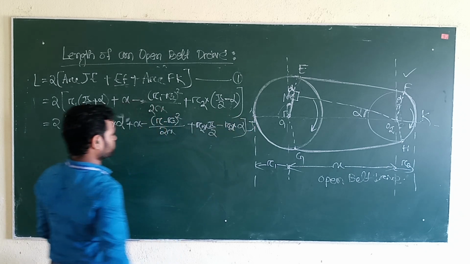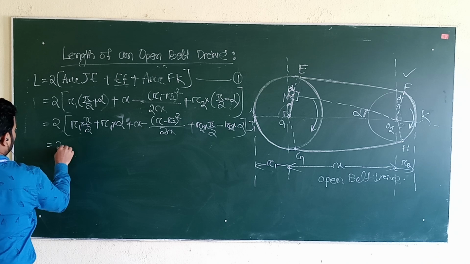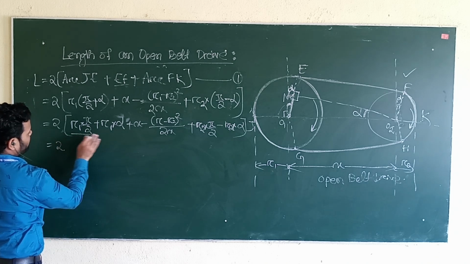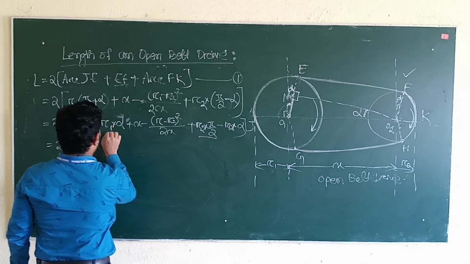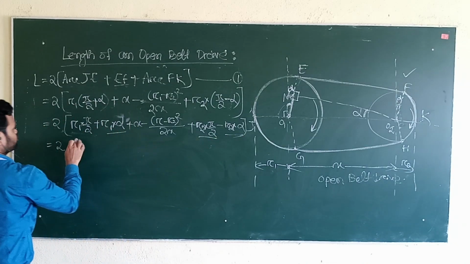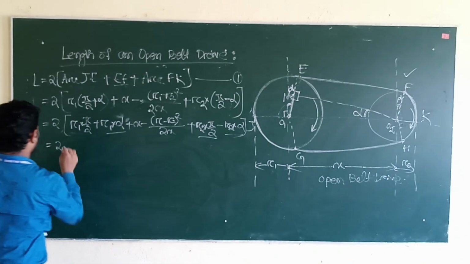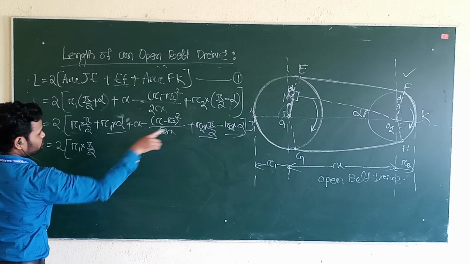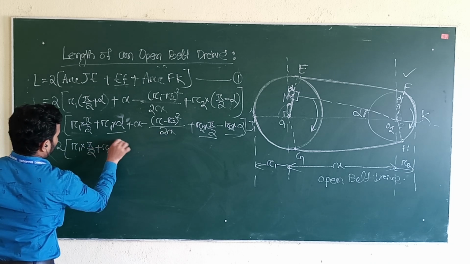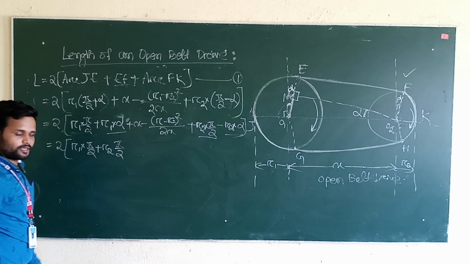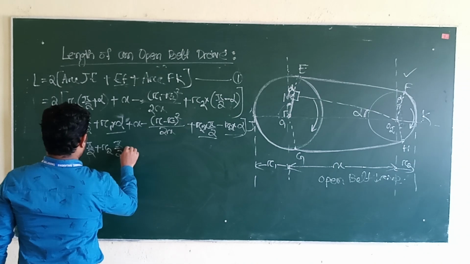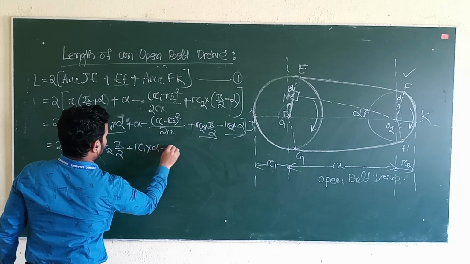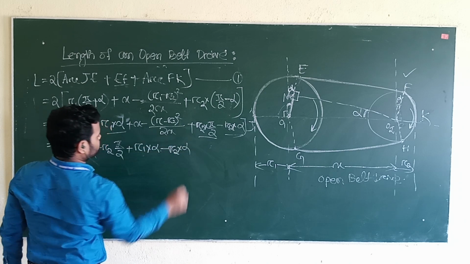This will come again with 2 into. We group the terms: R1 into pi by 2 plus R2 into pi by 2, next plus R1 into alpha minus R2 into alpha.